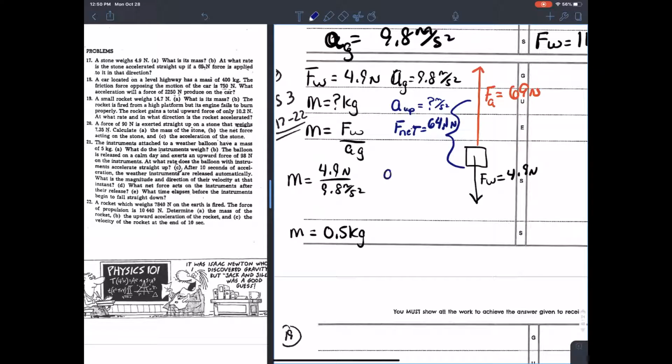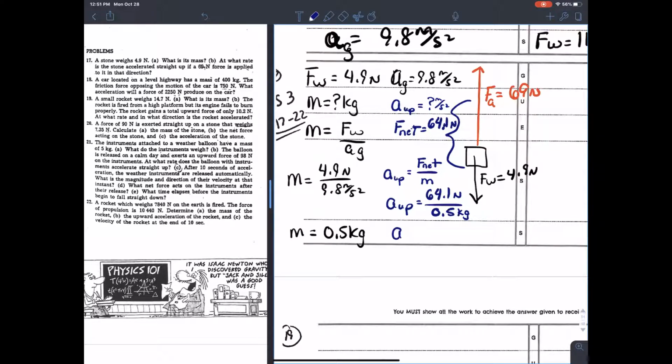To find your acceleration upwards, we're going to take your net force, divide it by the mass of the object, and that's going to tell us what our acceleration upwards is. So I'll have acceleration up, 64.1 newtons divided by the 0.5 kilograms that we had from before.